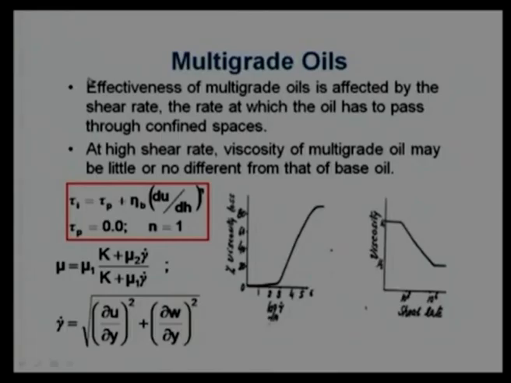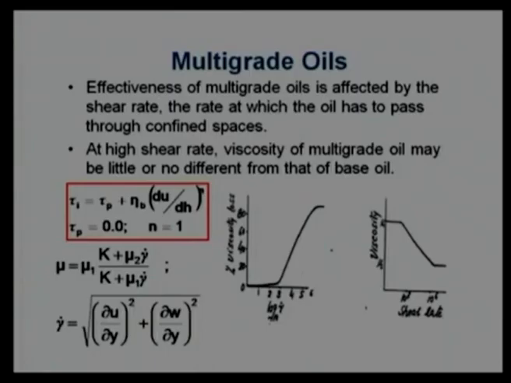Even if I use the multigrade oil 10W40, in one case the K turns out to be 20,000, in another case for the same specification K turns out to be 50,000. So, in that situation we say K equal to 50,000 will be the preferable multigrade oil compared to the K value of 20,000.